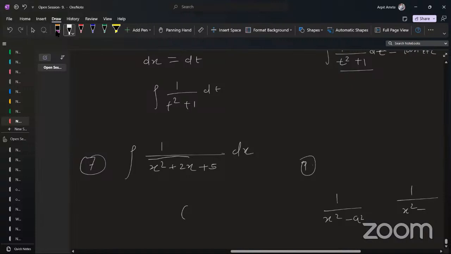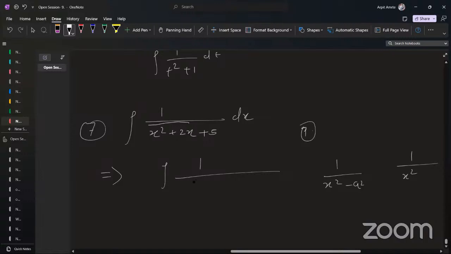Now how will we approach? This can be represented like this: 2x plus 1 plus 4, 5 can be distributed like this.